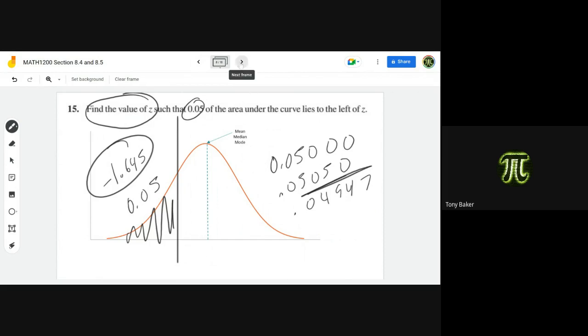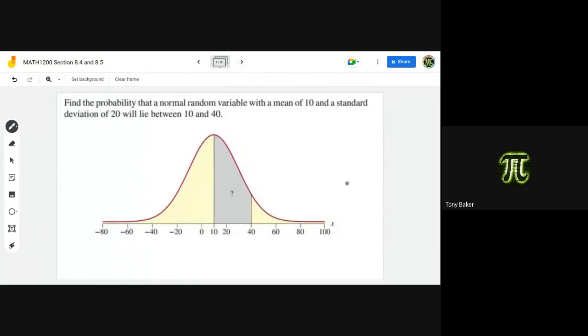All right. Now, the only thing different we're doing tonight is we're going to look at realistic type situations, which means my mean is not going to be 0 and my standard deviation is not going to be 1. So I need to be able to convert this back to something that I can use to chart.